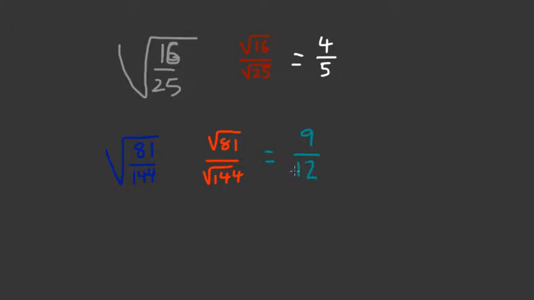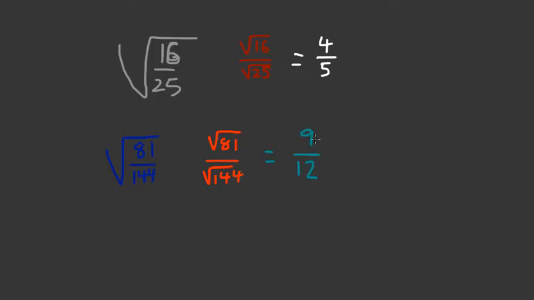Now, we could say that we're done, but we're not quite done because we can reduce this down to a smaller term. In order to do that, we need to divide both the 9 and the 12 by the greatest common factor. And what's the greatest common factor? Well, they share 3. 3 goes into 9 and 3 goes into 12.